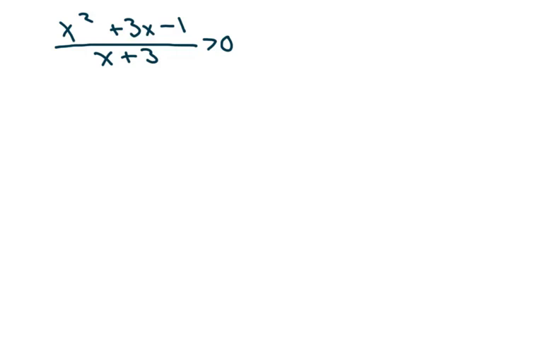So the first one was x squared plus 3x minus 1 over x plus 3 is greater than 0. Our function is this, x squared plus 3x minus 1 over x plus 3.